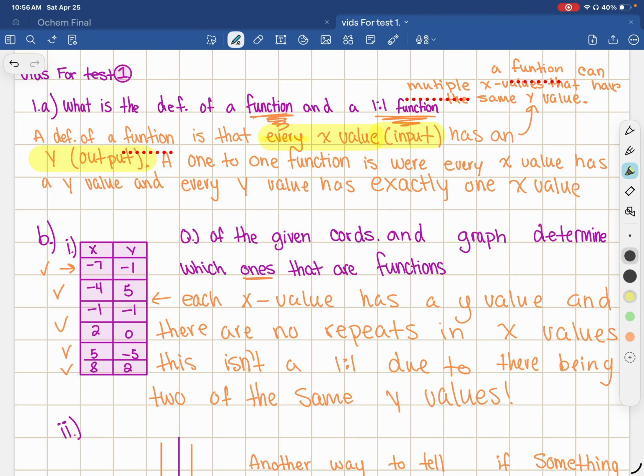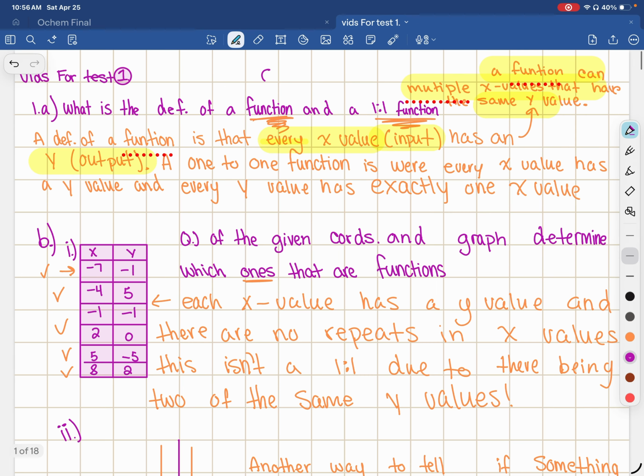But it's important to note that we cannot have the same x value. There can't be two negative ones, regardless of whether we're looking at a one-to-one or a regular function.